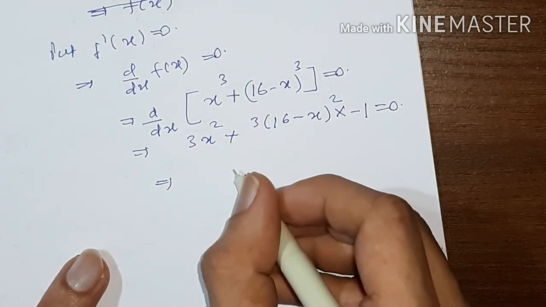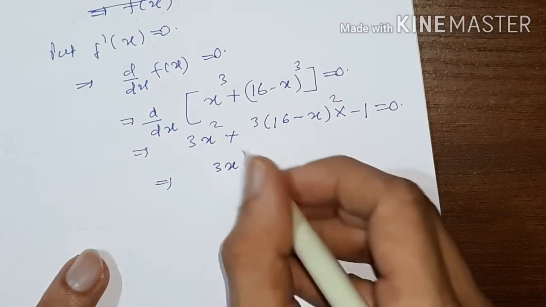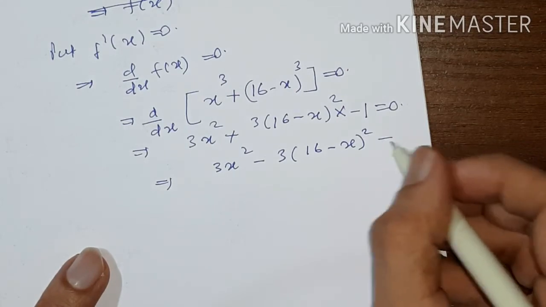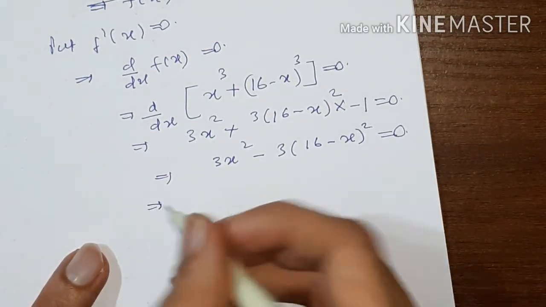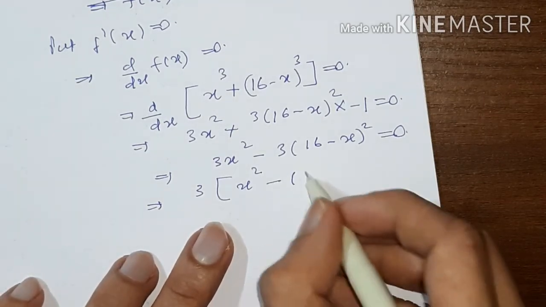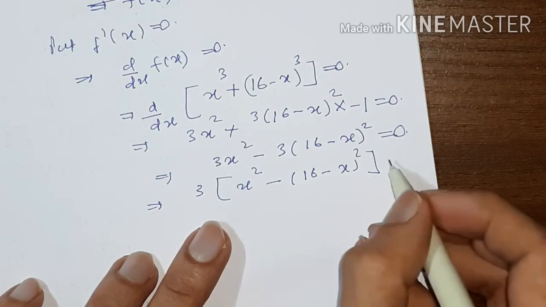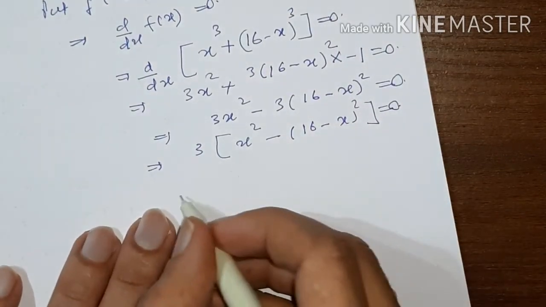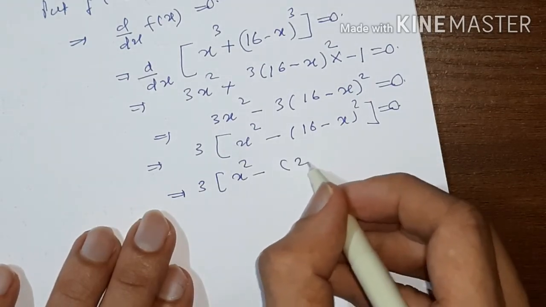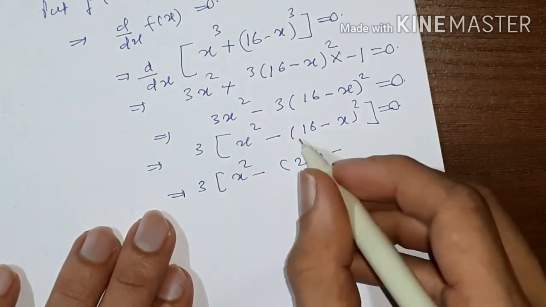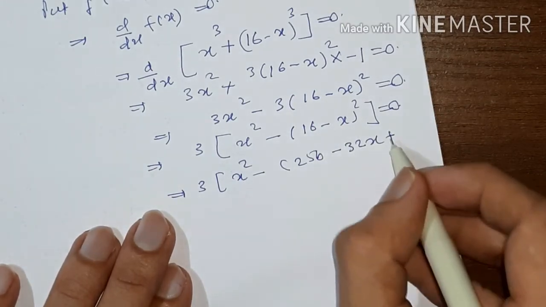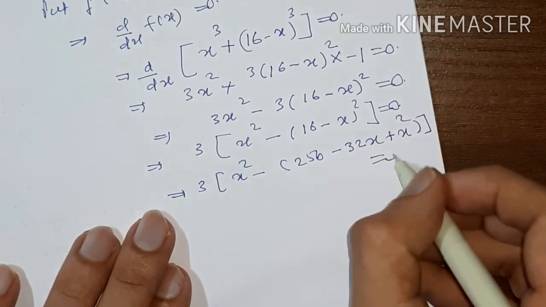Now we will write this as 3x square minus 3 times (16 minus x) the whole square equal to 0. If we take 3 common, we get x square minus (16 minus x) the whole square equal to 0. So 3 times x square minus, 16 square is 256, minus 2ab, so 2 times 16, that is 32x, plus x square, equal to 0.